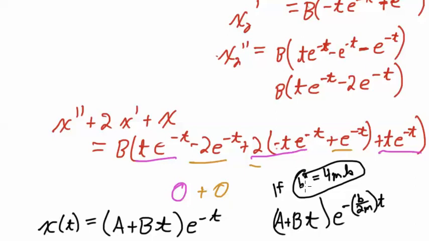So that means you can choose a spring constant, or you can design your spring so that based on the viscosity of the fluid and the mass of, say, the car or whatever, in order to get this critically damped situation, you minimize the amount of bouncing in the system.